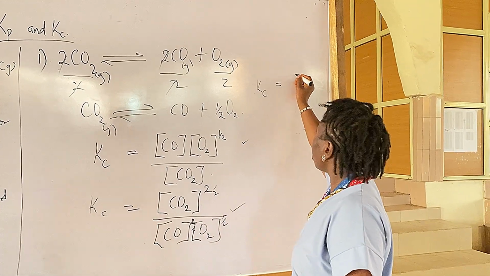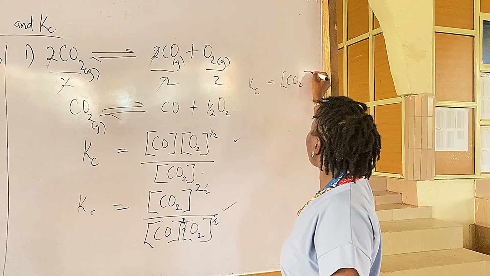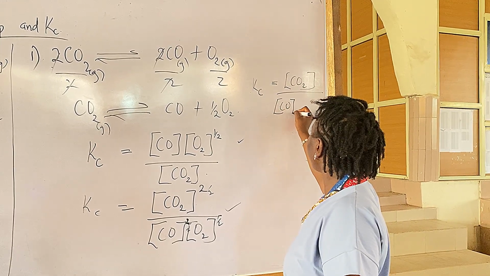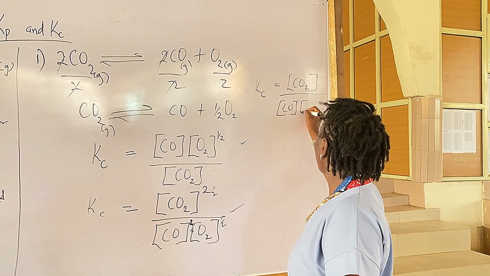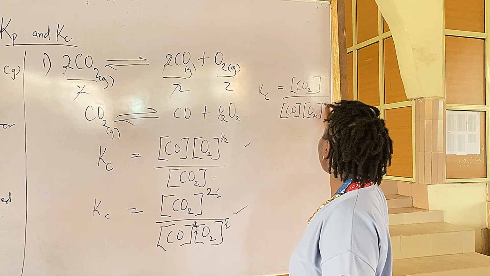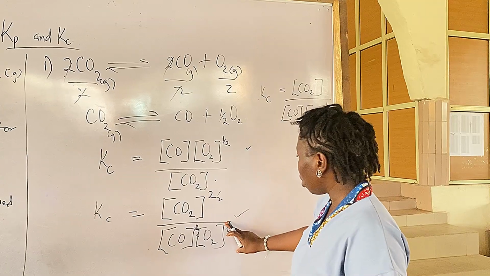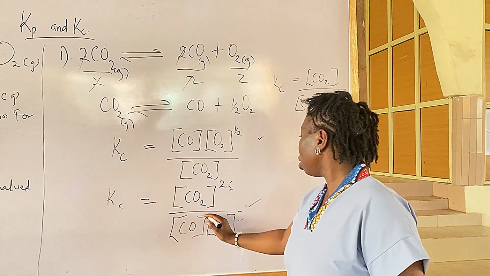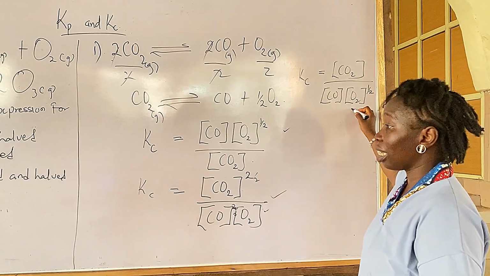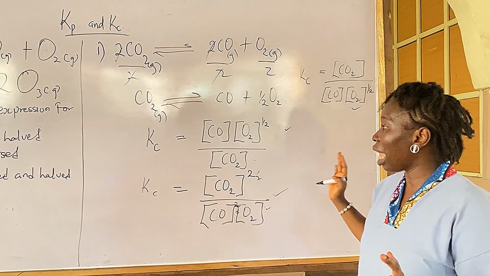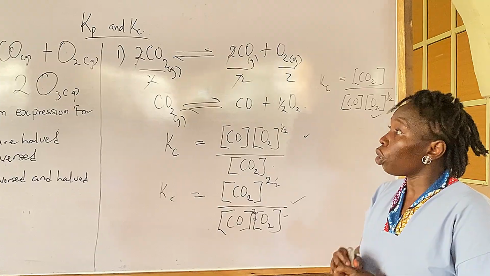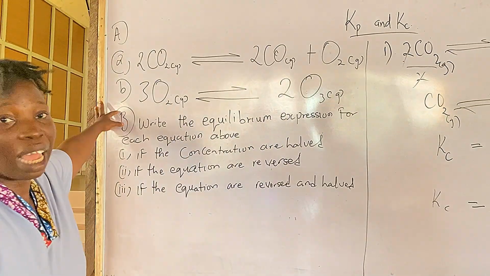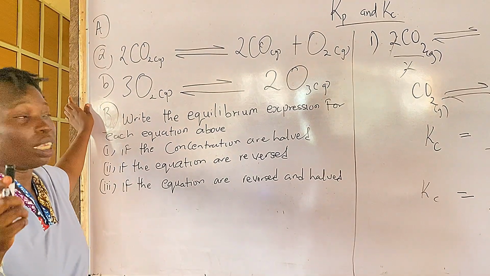It will be the concentration of CO2 all over the concentration of carbon monoxide times the concentration of oxygen raised to power half. That is when the reaction is reversed and halved. So this is how the Kc will be represented. So you can do the second equation and send it in the comment section.